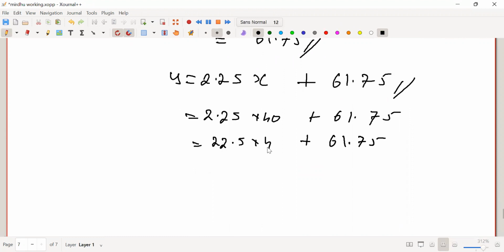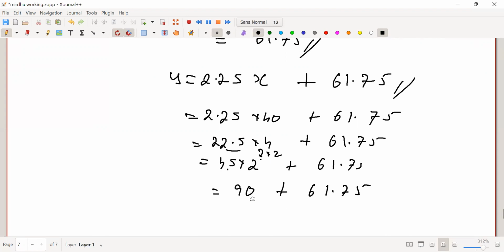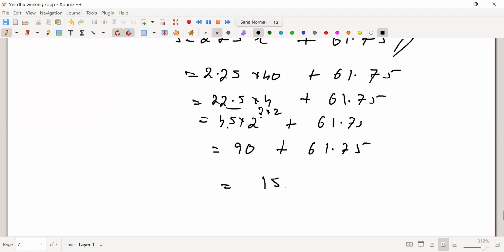To multiply anything into 4, I will double it two times. 22.5 doubled is 45, and 45 doubled is 90. 90 plus 61.75, so 151.75 would be the height, in centimeters. If you divide by 2.5, you'll get inches.